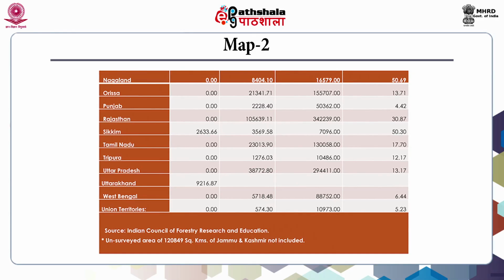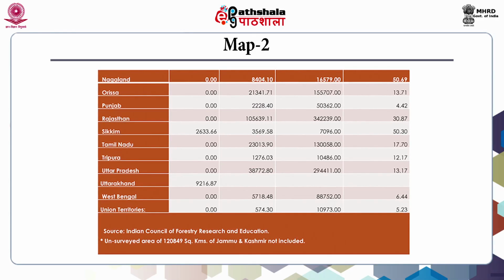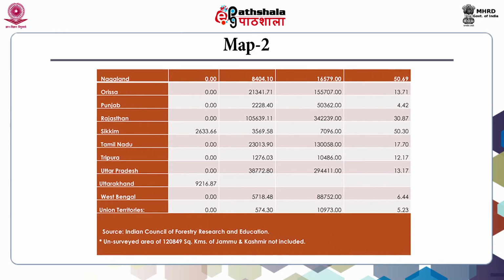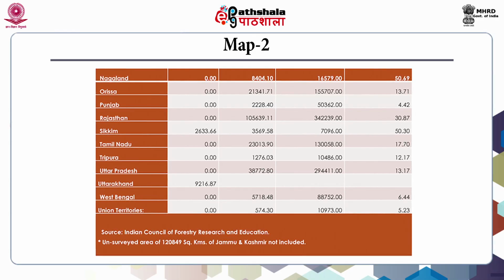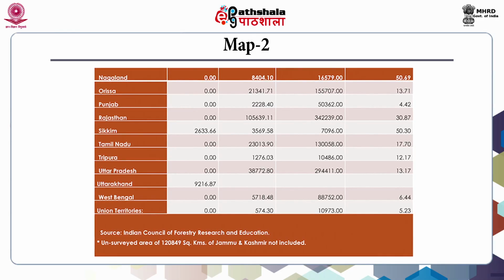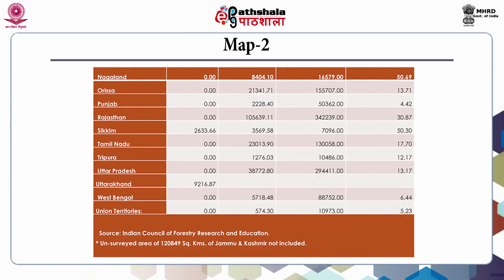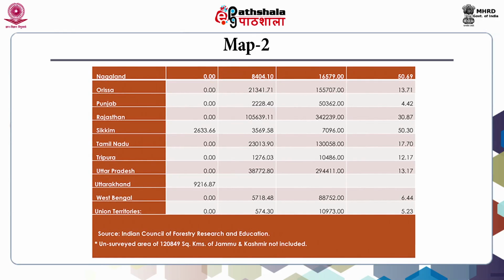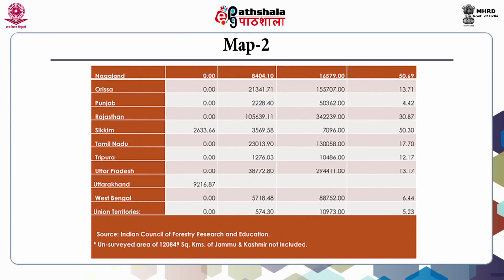Then the next table shows the state or union territory, total wasteland in different years in hectares, total geographical area in hectares and wasteland as percent of the area.